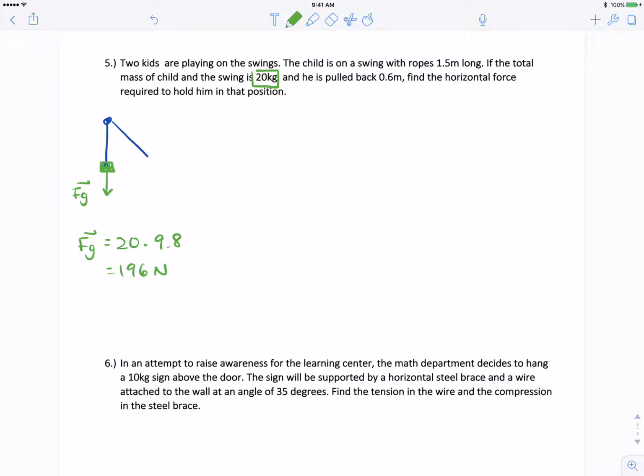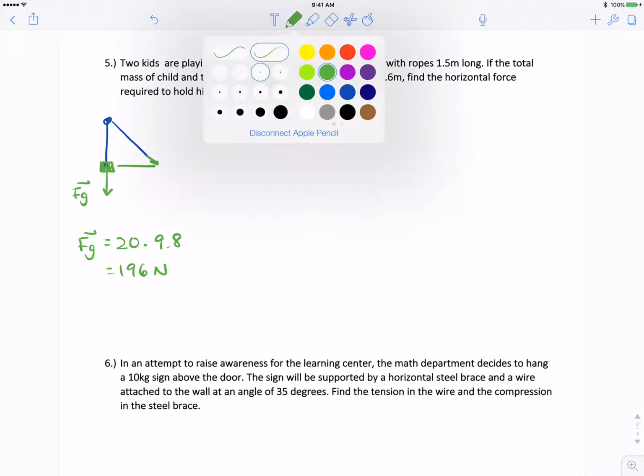What I want to do is envision that as that string goes back, I'm pulling it back at an angle. And it tells me in total he's going back 0.6 meters. So this distance on the bottom is that 0.6, and there's an angle here. So here, that's my distance, that overall distance. Now, tension.